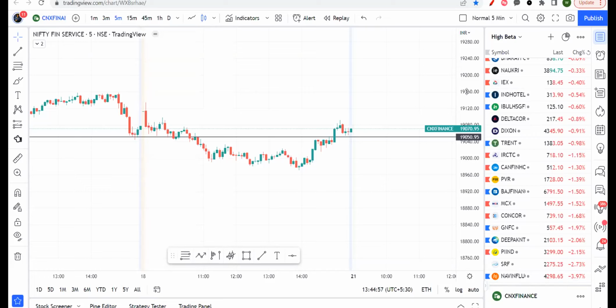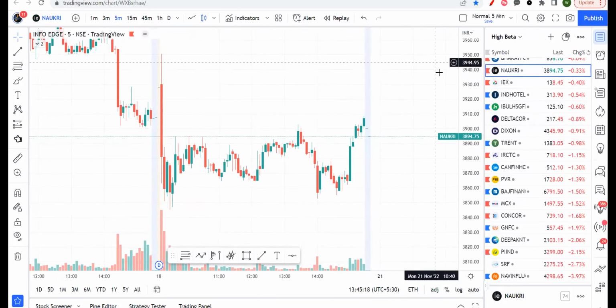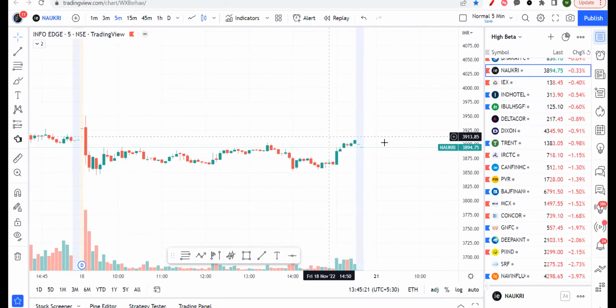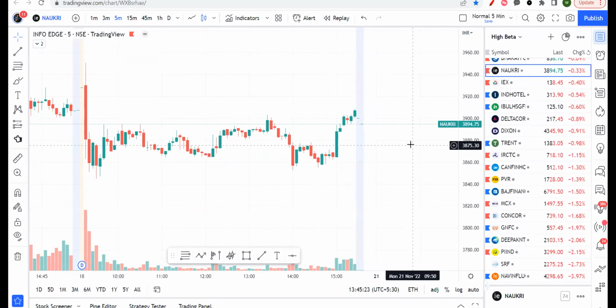Isn't liquidity an issue, and circuit related complexity? Yeah, but if a stock goes to upper circuit, then also we don't have to worry. Options trading goes on continuously, and liquidity is not an issue. I know you are talking about stock options. For tackling liquidity, let's say you are trading in Naukri. Naukri is right now at 39, already a round number. Let's say Naukri is trading at 38,800 and you want to buy a call option.